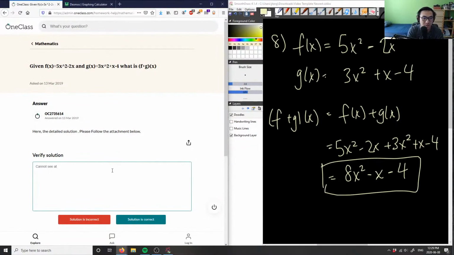Cannot see attached solution. And I guess I'll just write out my solution for this one. So f plus g of x is equal to f of x plus g of x, which is going to equal 5x squared minus 2x plus 3x squared plus x minus 4, which will give me 8x squared minus x minus 4.